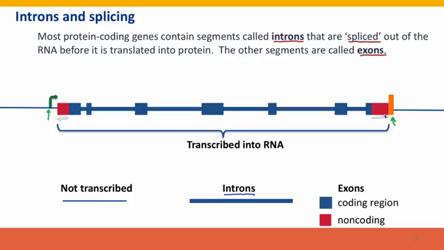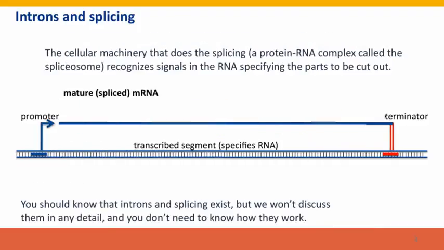Now, the next slide is a sort of schematic of how splicing happens. So here again, we have a gene with a promoter and a terminator, and it includes segments that are going to be removed. These segments are the introns.